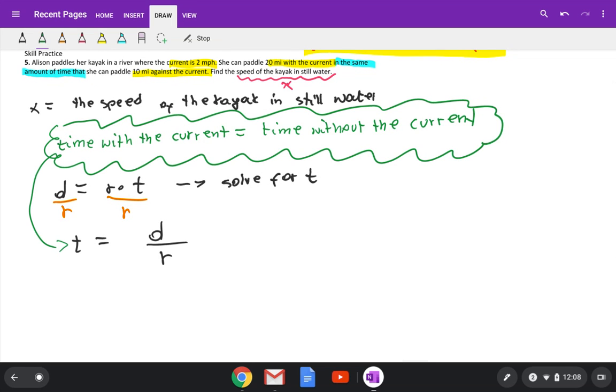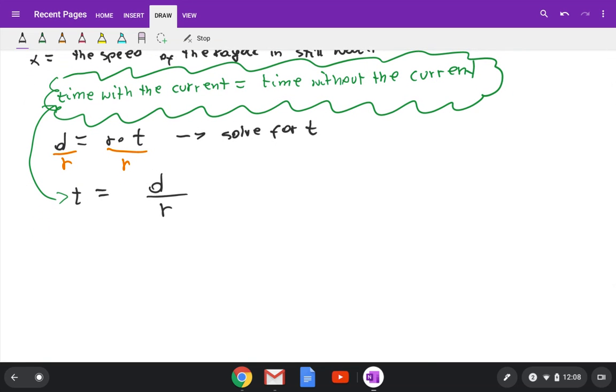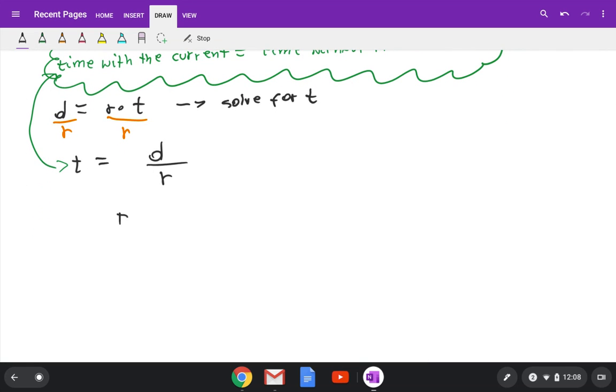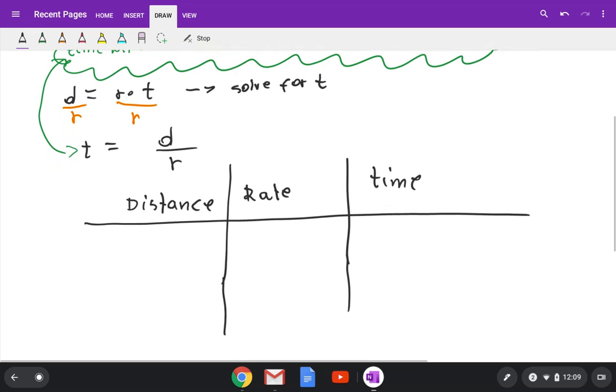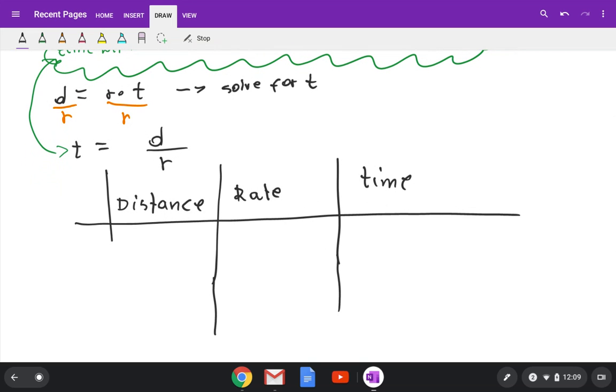Okay, now let's put all the information in the table. We're talking about the distance, using the distance formula: distance is rate times time. And we have two situations here. We're talking about Alison paddling with the current, so the first row will represent the situation with the current.